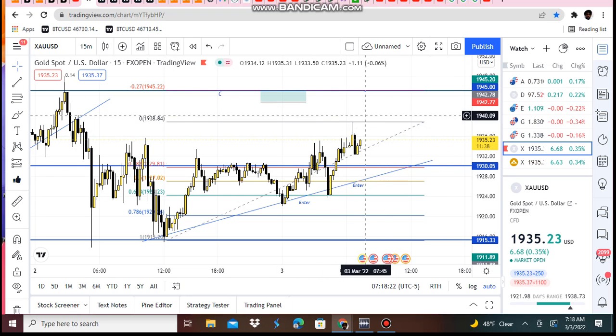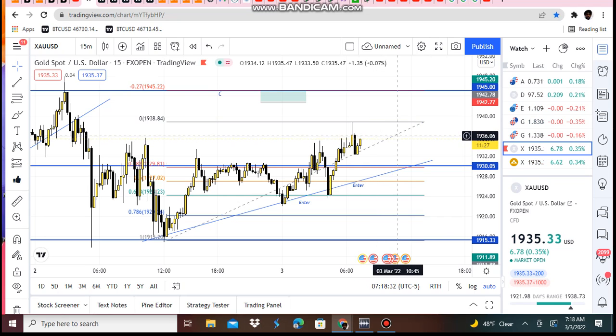Just looking at structure, looking at what price is doing, you could have easily made 800, 1,000 for the day. Depending on your lot size, it could have been 10K, 5K, 20K for the day. And say you did it for a whole month.